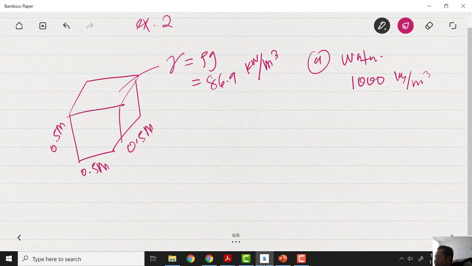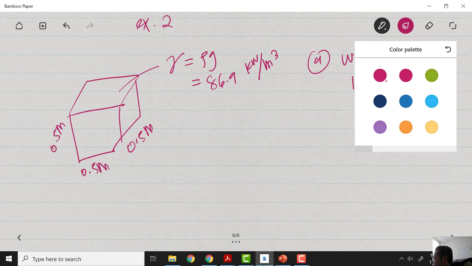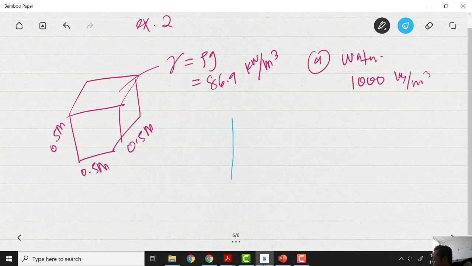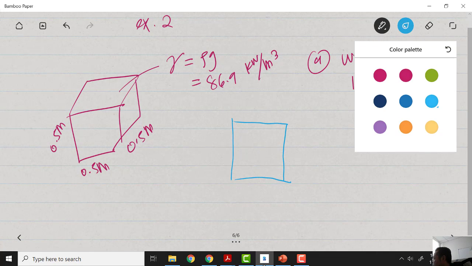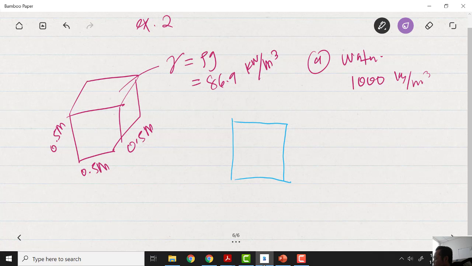First of all, as I said before, if you want to solve any problem, just draw the free body diagram first. So we have a cube. What kind of forces are involved? The cube is completely submerged and we are holding it, so we have another external force.